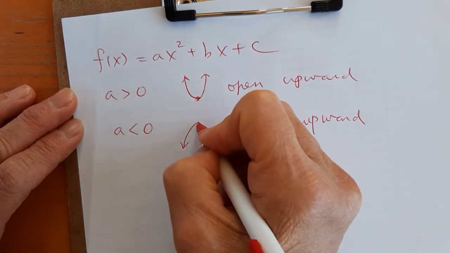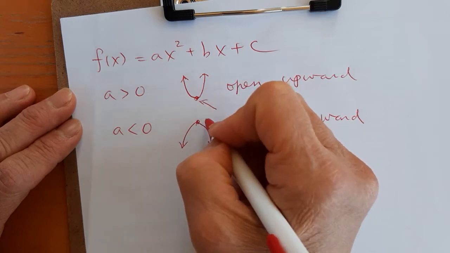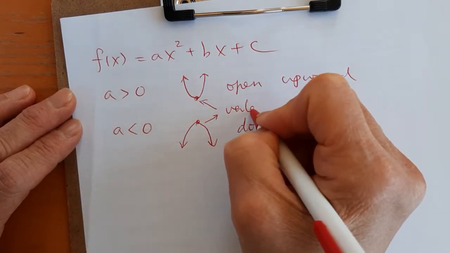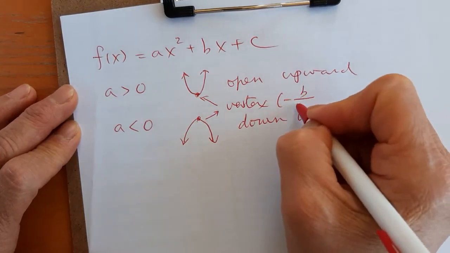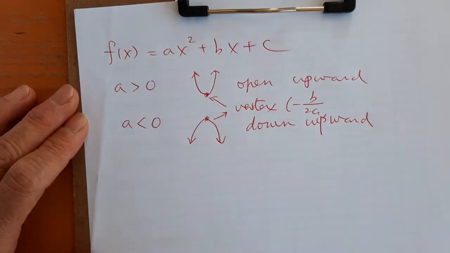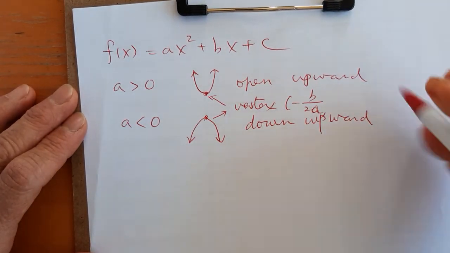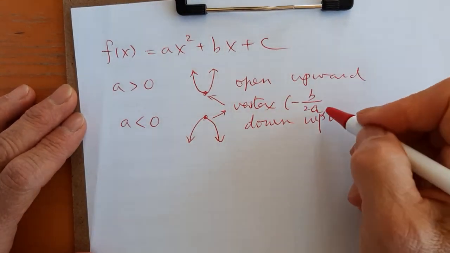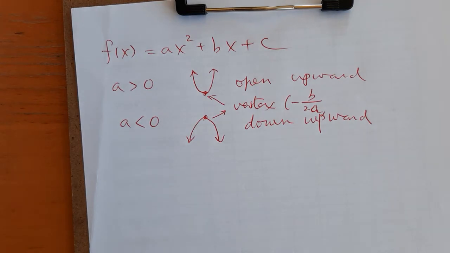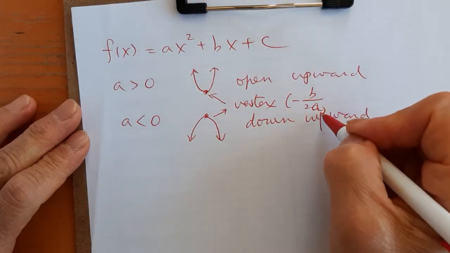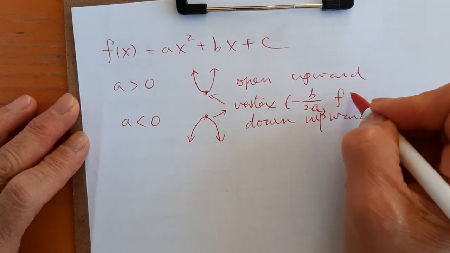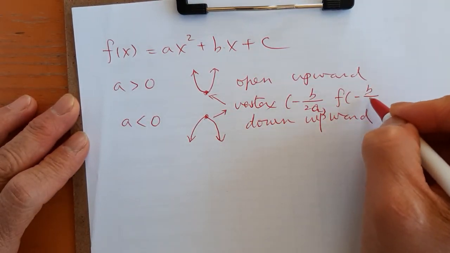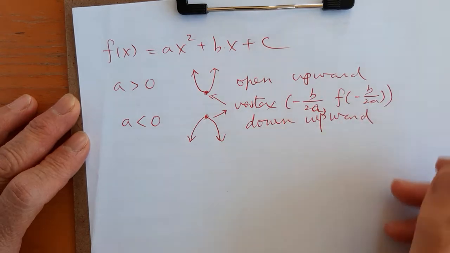This point we call the vertex. The vertex x coordinate is negative b over 2a, and the y coordinate is found by putting this x coordinate into the function, and you get the function value.